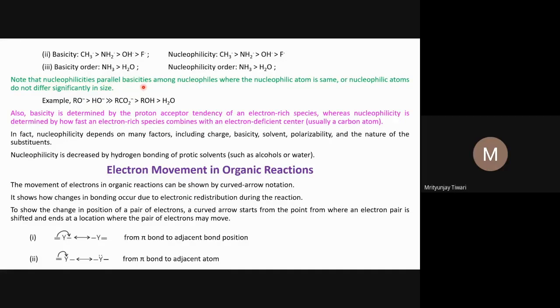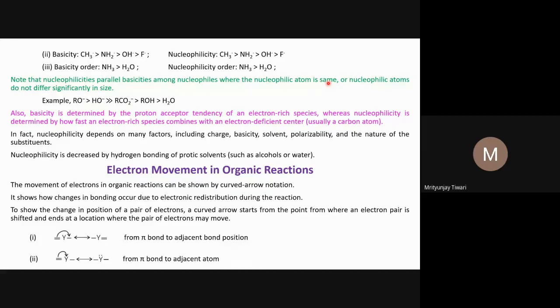The order of basicity will be the same as the order of nucleophilicity. Again, take note that nucleophilicity is parallel to basicity among nucleophiles where the nucleophilic atom is the same. When the nucleophilic atom is the same and you have different nucleophiles, nucleophilicity and basicity will go in parallel.